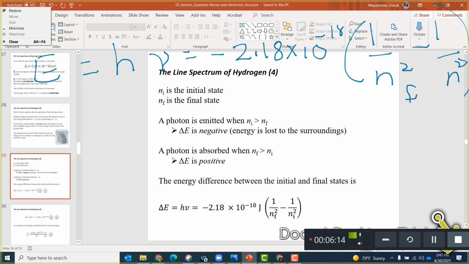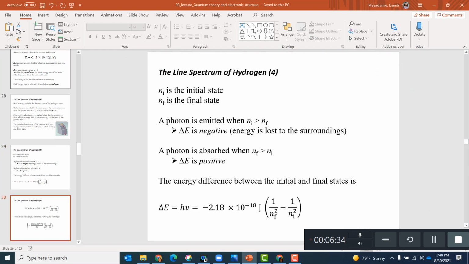But if it is relaxation, meaning you release the energy, it goes from 2 to 1. So 1 would be the final and 2 the initial: final is 1 squared, initial is 2 squared. We'll do a calculation, then it's easy for you.